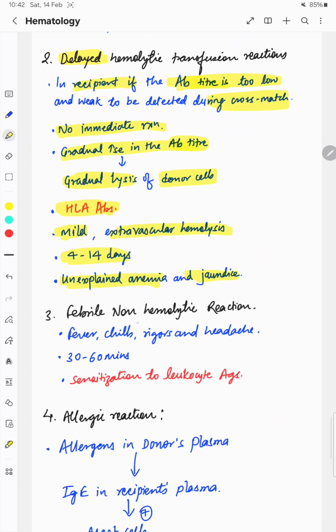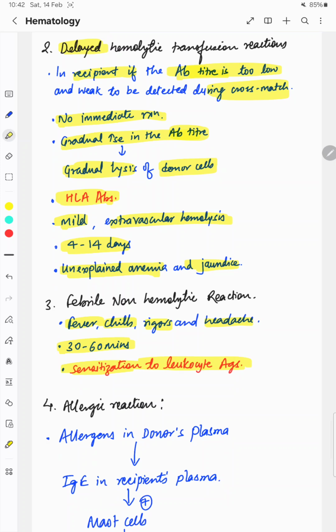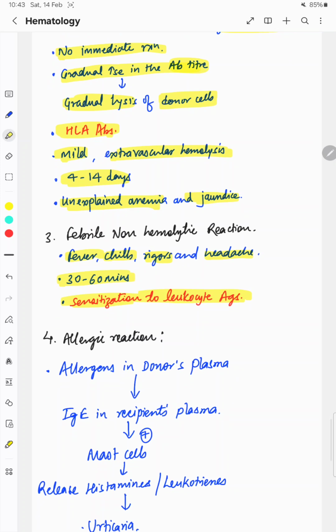Febrile non-hemolytic transfusion reactions can be seen after 30 to 60 minutes of transfusion, presenting as fever, chills, rigor and headache. The main causative reason is sensitization to leukocyte antigen in the febrile non-hemolytic reaction.